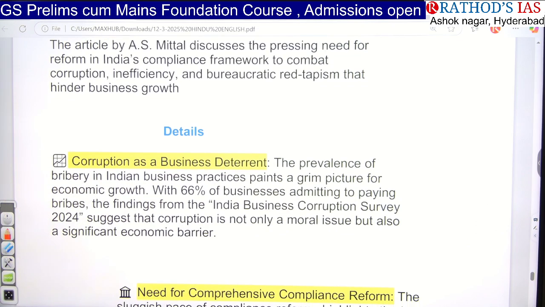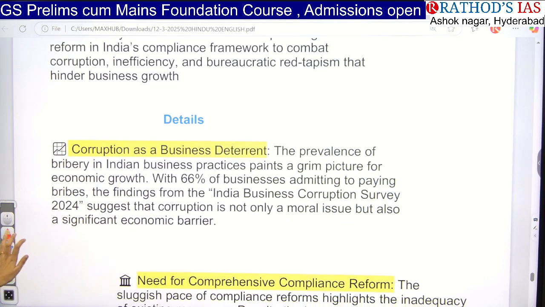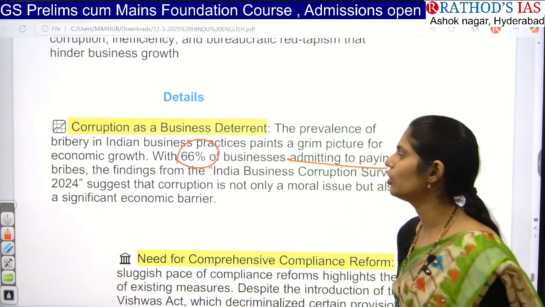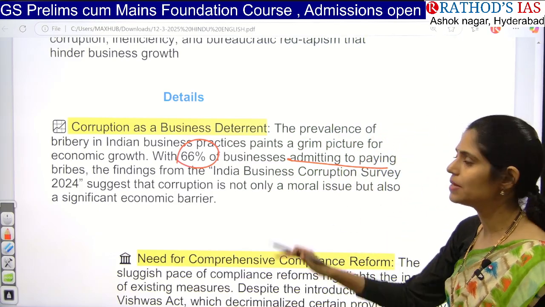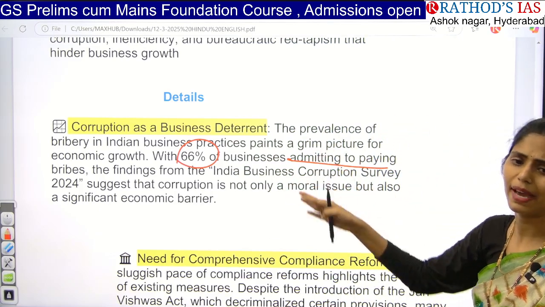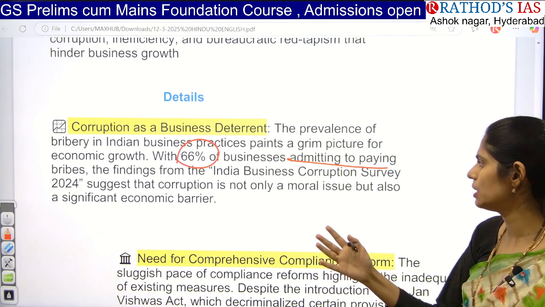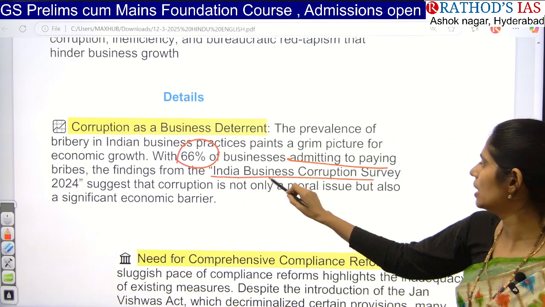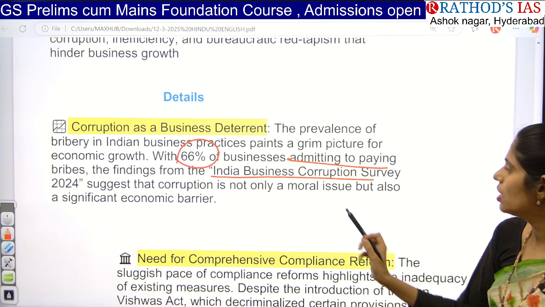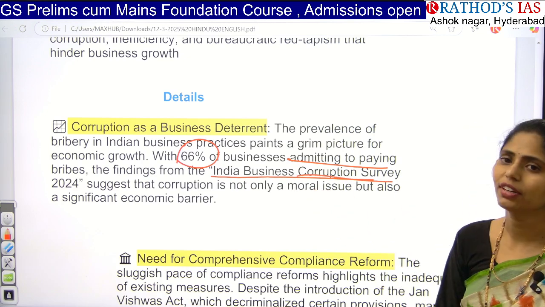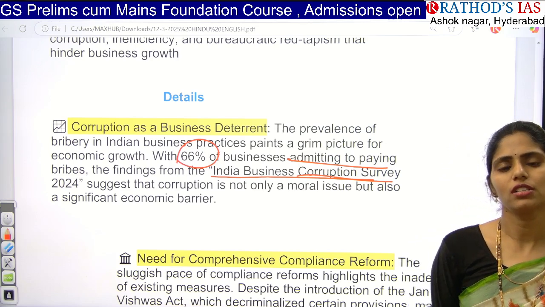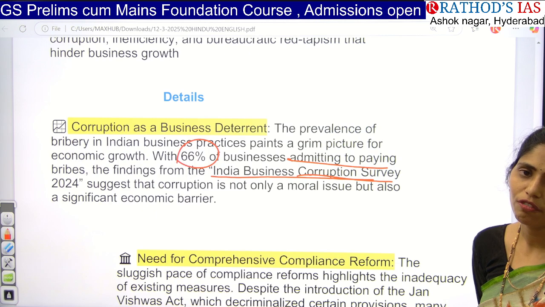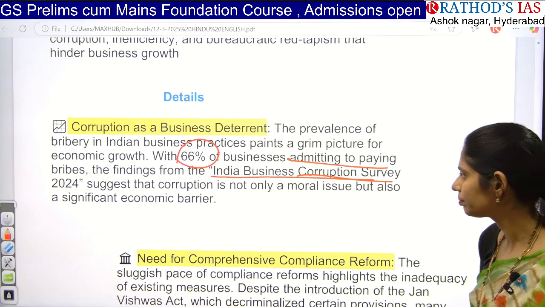Recently one report said that 66% of businessmen are paying bribes, that is nothing but corruption, according to a survey called the India Business Corruption Survey. Please make a note: the India Business Corruption Survey 2024 suggests that 66% of India's businessmen are paying bribes.